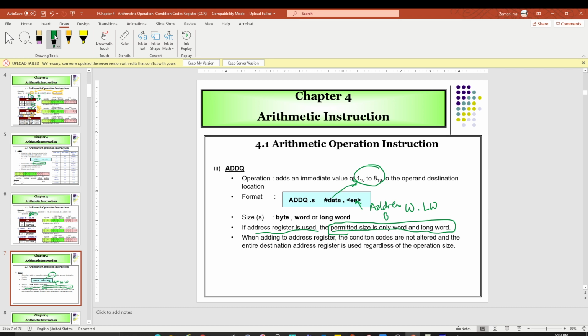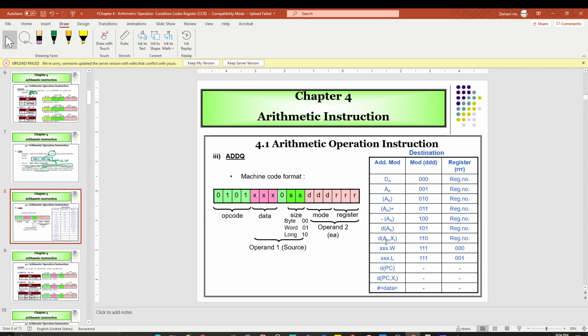When adding to the address register, the condition codes are not altered, and the entire destination address register is used regardless of the operation size. So the whole destination address is used. Except that for data, you must use the size given here, but for the address you must use everything. For a data register, you must use the same size that you allocate here. Okay, let's move on.